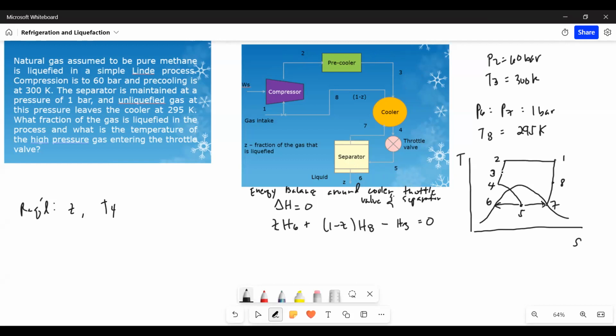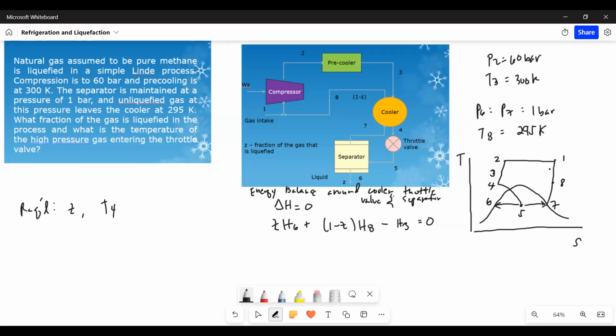So if we read the properties of methane at 60 bars and 300 Kelvin, this is T3, 300 Kelvin. And we have a hint here that this line is an isobar from 2 to 3, because this is an isobar, and this is an isobar as well.